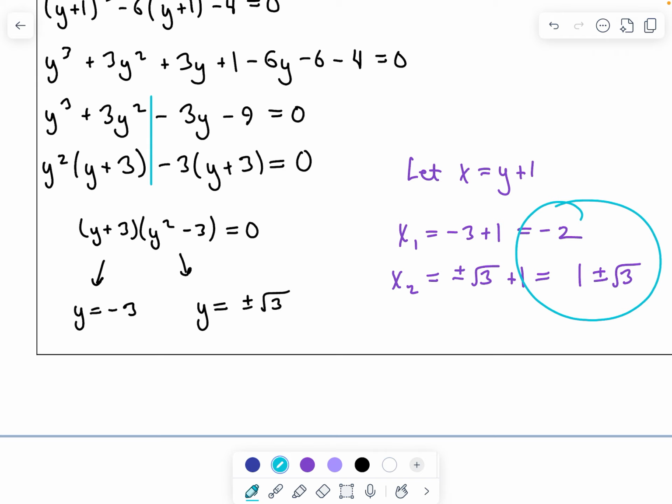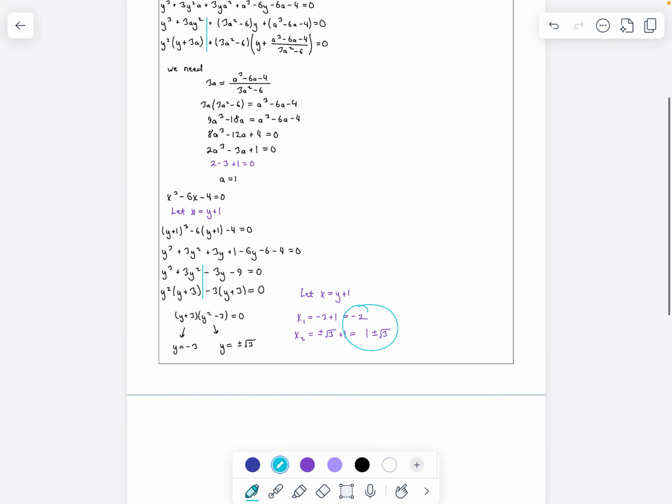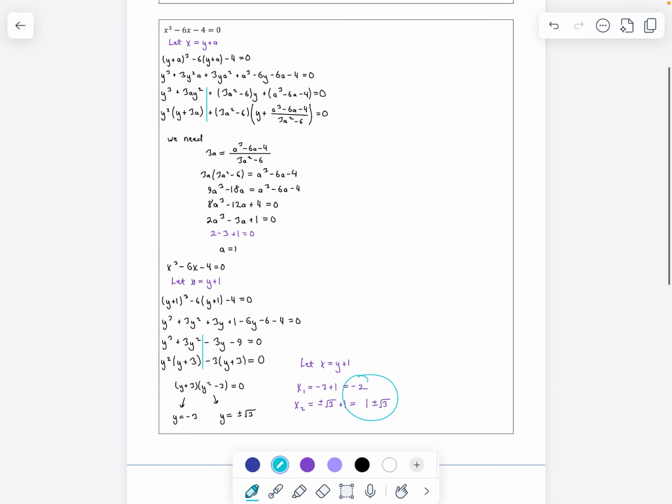So here's the whole thing right there. A little bit of recap. Again, we set out to try to find a value for A so that this polynomial would be factorable by grouping. In order to find that A, we had to solve this depressed cubic equation, which really doesn't put us in a better position than we were at the very beginning, because the beginning problem was also a depressed cubic equation.